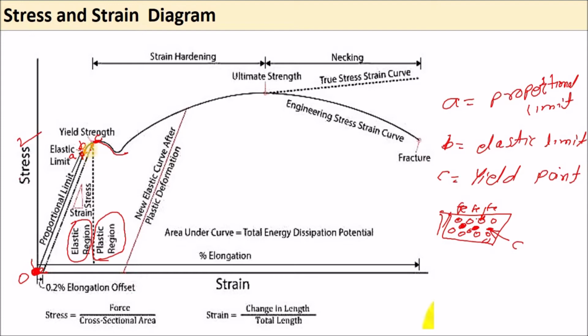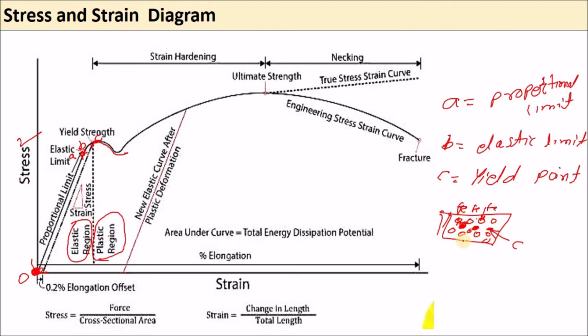When we apply some load up to the yield point, the load is taken by both. At the yield point, the bonding between carbon atoms and iron atoms will break. After breaking the bonding between carbon and Fe atoms, the cloud of carbon will break.